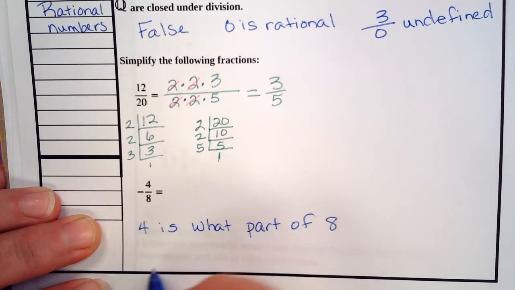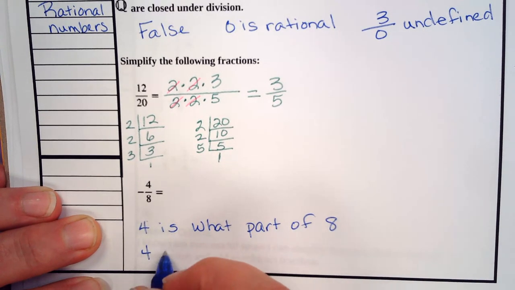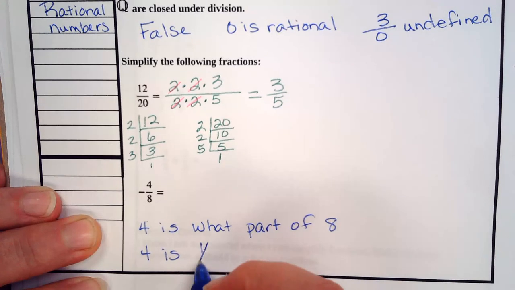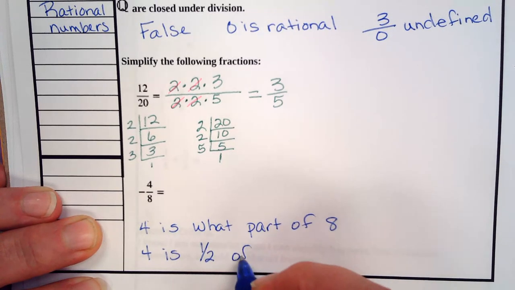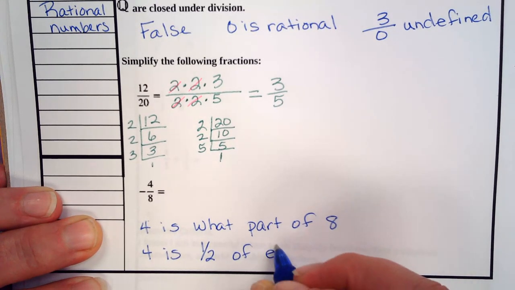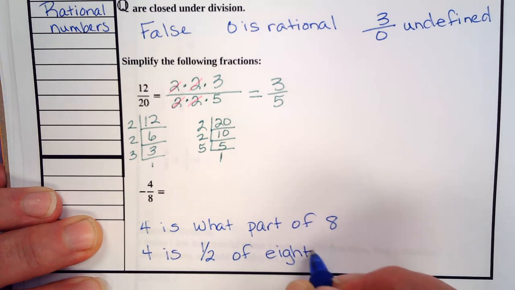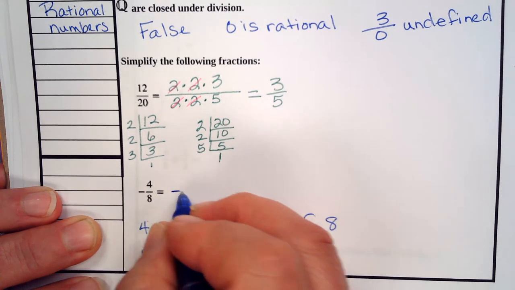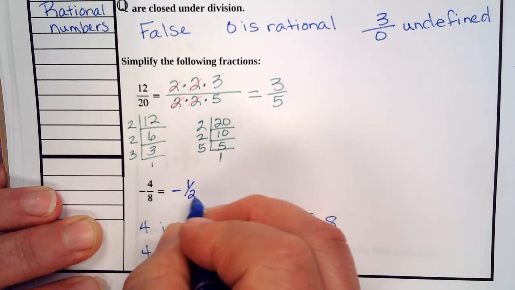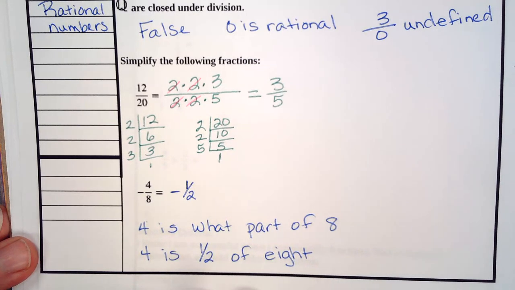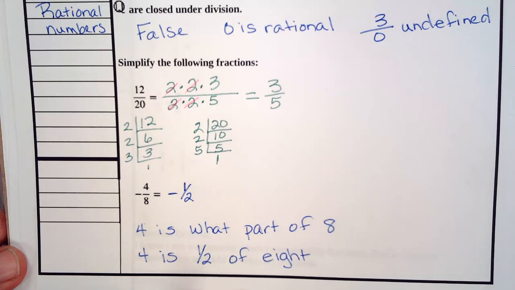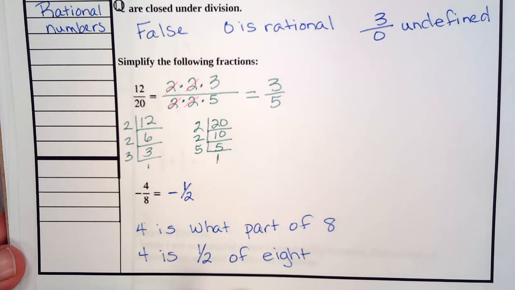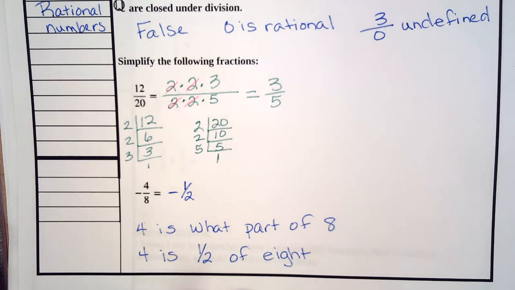Four is 1/2 of 8. So this fraction is going to be 1 over 2, and it's also going to be negative. So anytime the top number is 1/2 of the bottom, you know that that will give you the fraction 1/2.